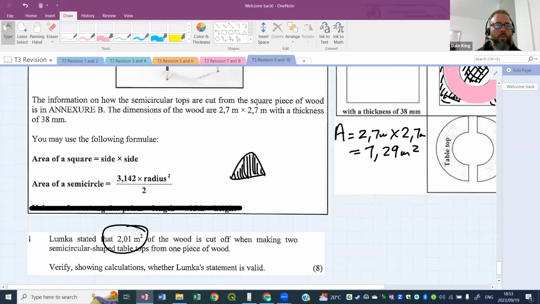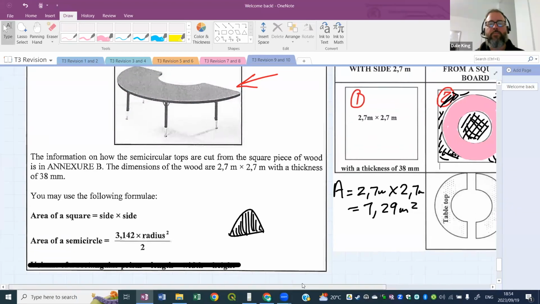It says, Lumka stated that 2,01 square meters of the wood is cut off. I think cut off means almost like cut away. Otherwise, they would have said the area of the tabletop wood needed is 2,01. So I think that's what's left behind.